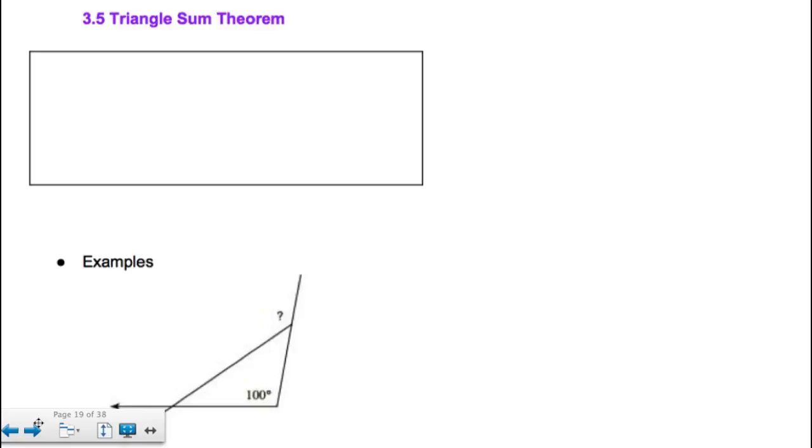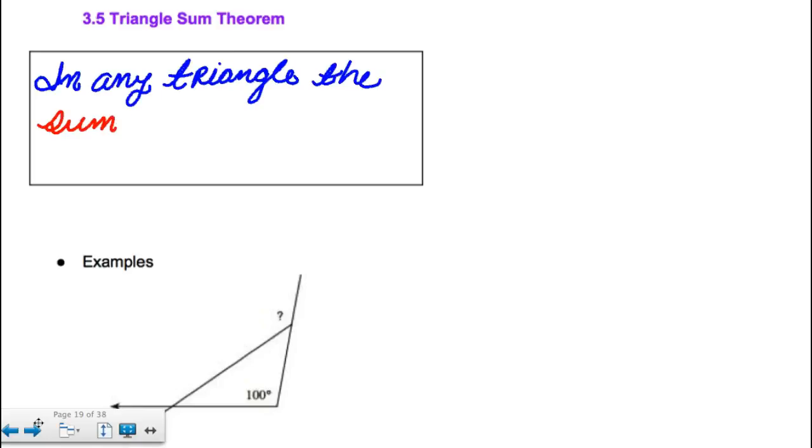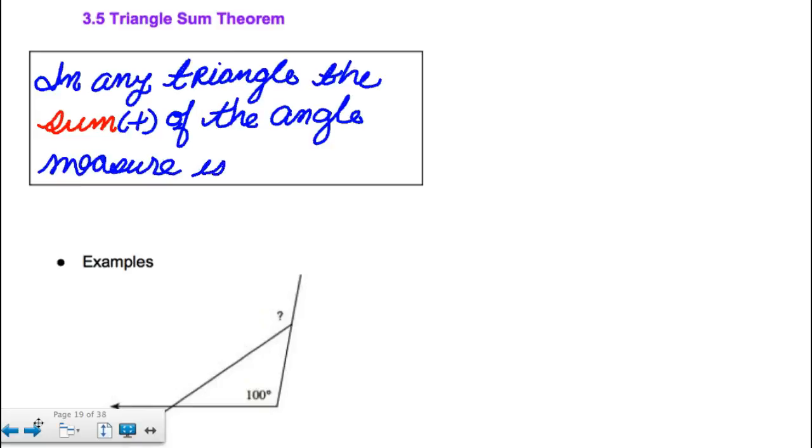The triangle sum theorem says that in any triangle, the sum of the measures of the angles is always 180 degrees.